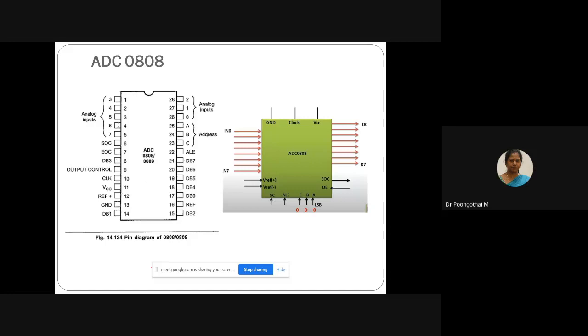So the designer has to supply clock pulses to this IC. Therefore it requires a clock signal from an external source. Here we have to connect an external source. It is a 28-pin IC.